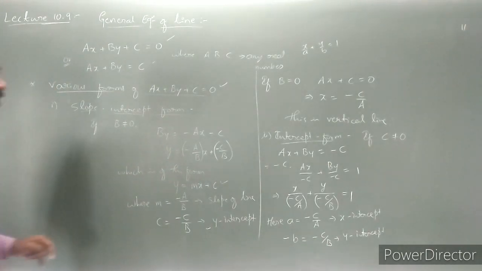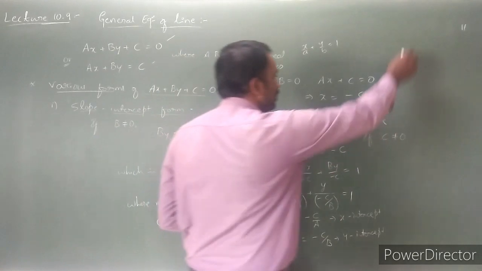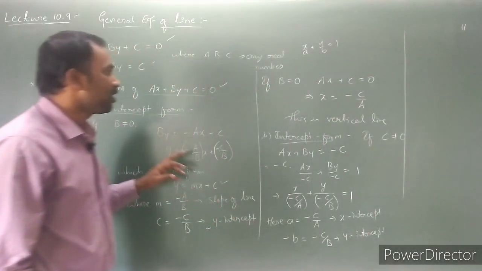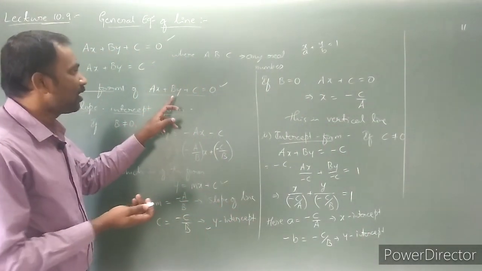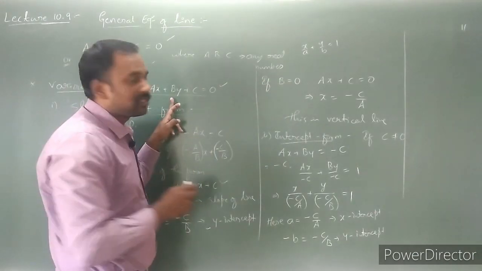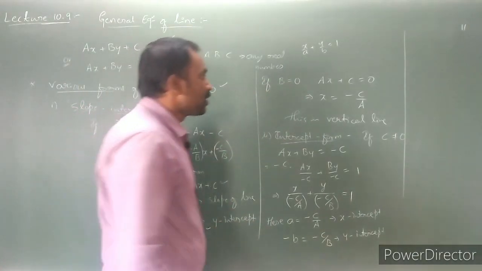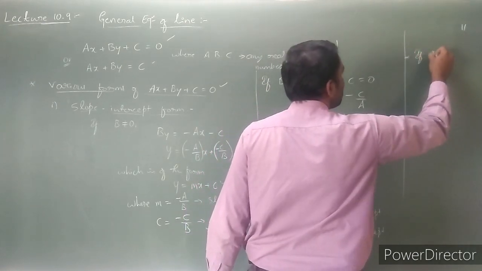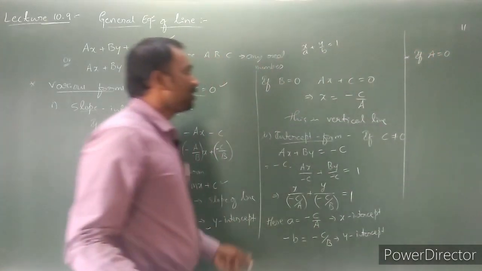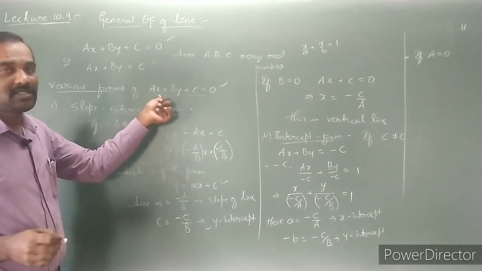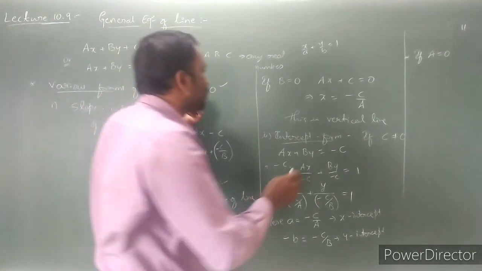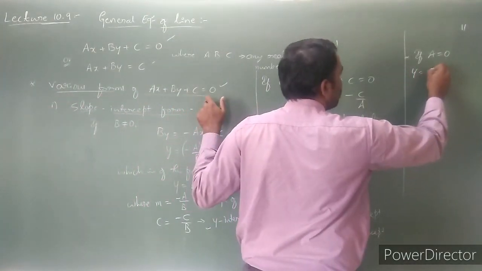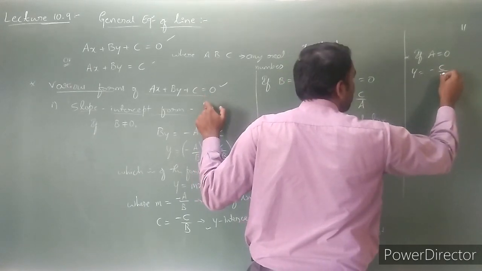Now, if you need the vertical line, the y coordinate is not required, so b is equal to 0. That will give the vertical line. Suppose a is equal to 0, what happens in the general equation? If we replace a with 0, y is equal to minus c by b. What is this?